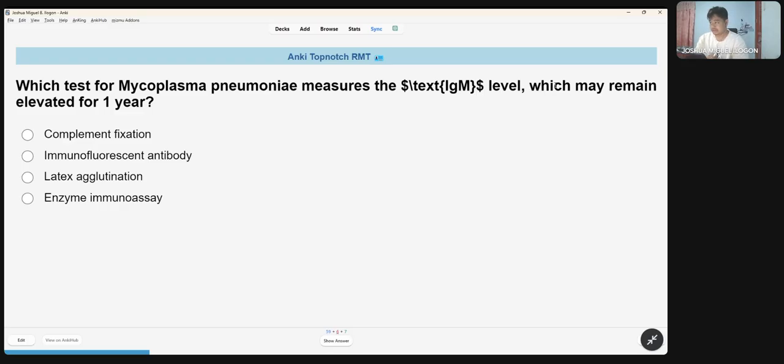What's this? IgM. So this measures IgG and IgM. So usually IgG, if separately.